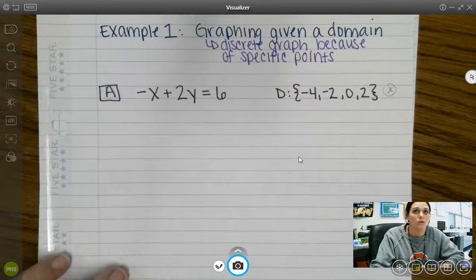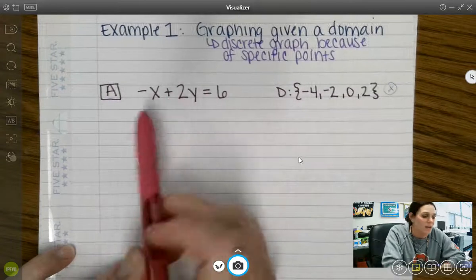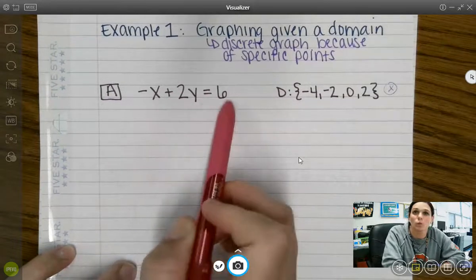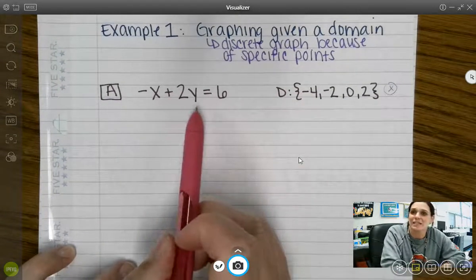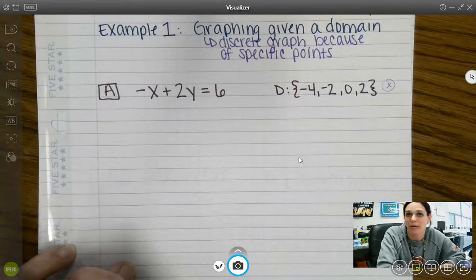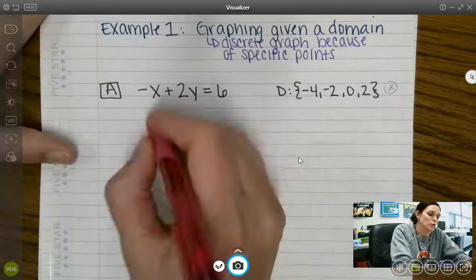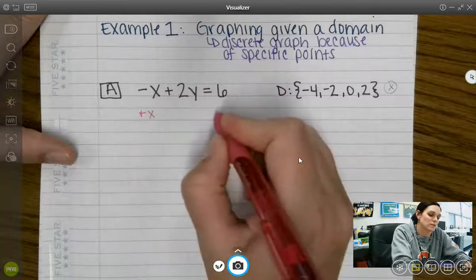Okay, so to do this, we are going to rearrange. So I'm curious, if I have negative x plus 2y equals 6, how will I get it so that it says y equals? Go ahead and try and rearrange it. All right, so let's see what you did. You should have added x to both sides.